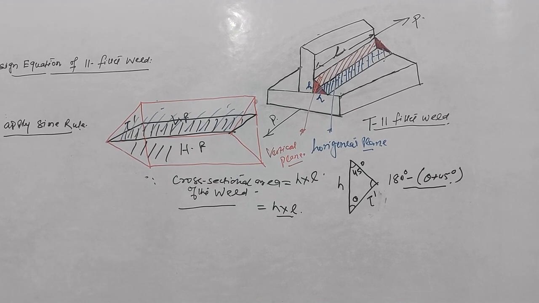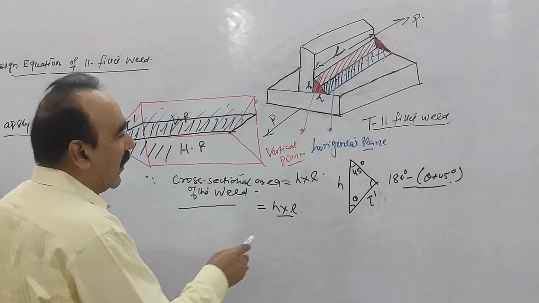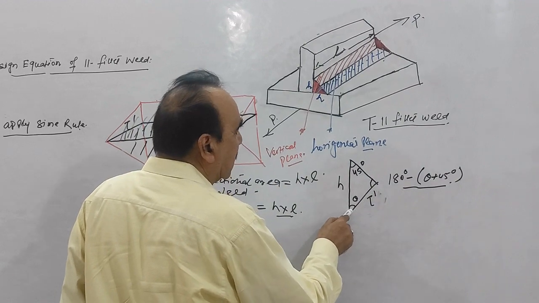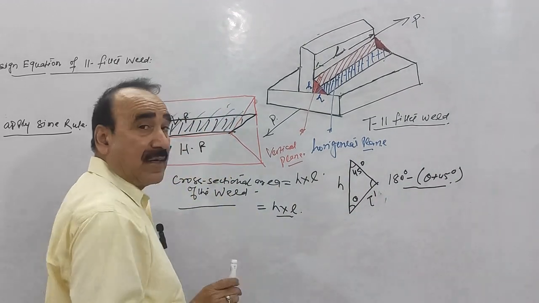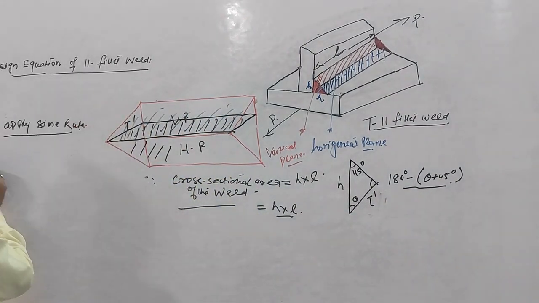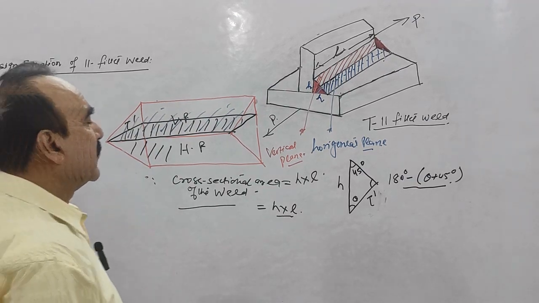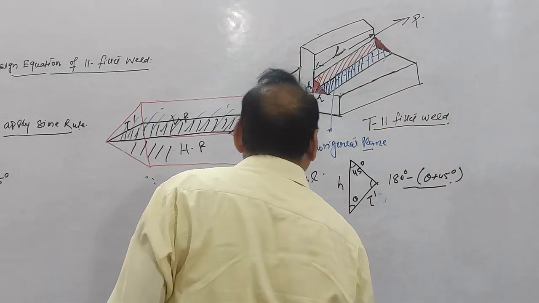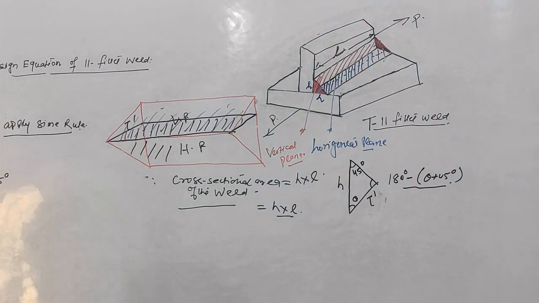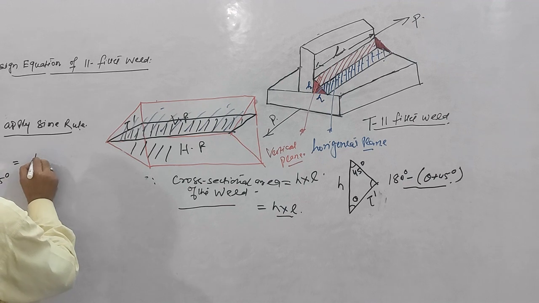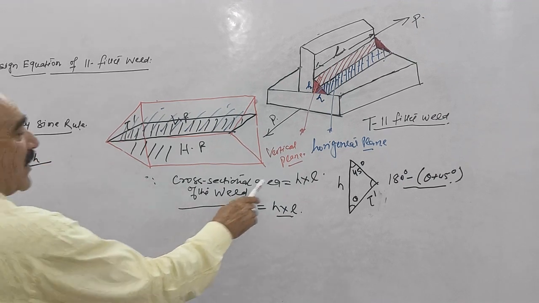So just see, apply sine rule. तो sine rule क्या होगा? This side divided by this sine angle. तो ये sine rule apply करेंगे तो T dash upon sine of 45 degree, and this side divided by this angle, right? T side, this angle. So this is equal to, इसके बराबर होगा h upon, this is h.